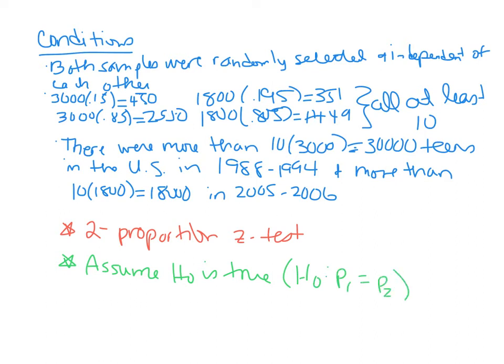However, you will see clearly that our p hats are not equal. Because we make this assumption, we need to do what's called pooling, or combining, our sample proportions. So we must pool, and you can just say combine the sample proportions.